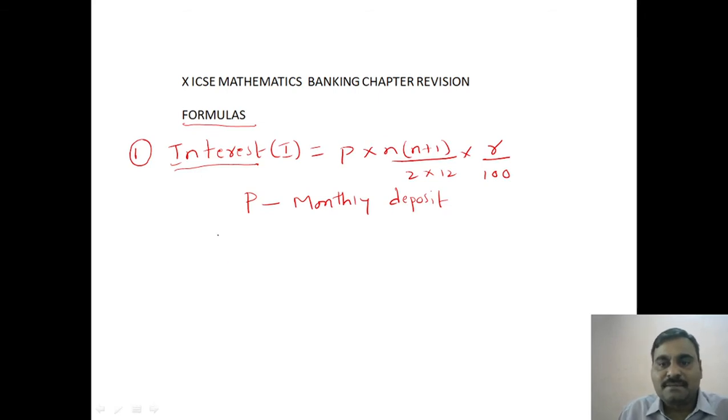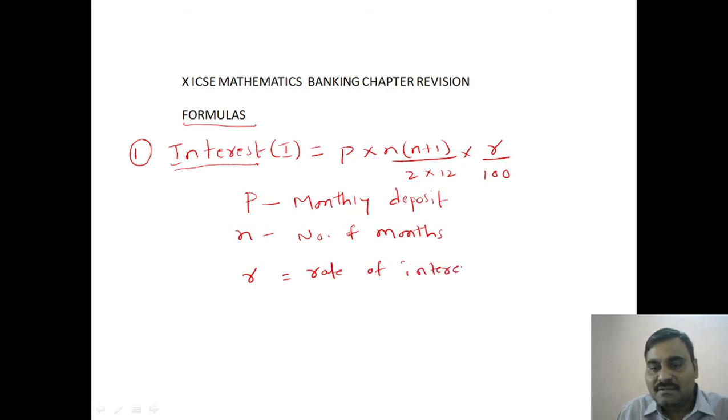So P is the monthly deposit and N is the number of months, that is the time for which we keep the money in the bank. And what is R? R is the rate of interest which is given by the bank. The rate of interest may vary from one bank to another bank.